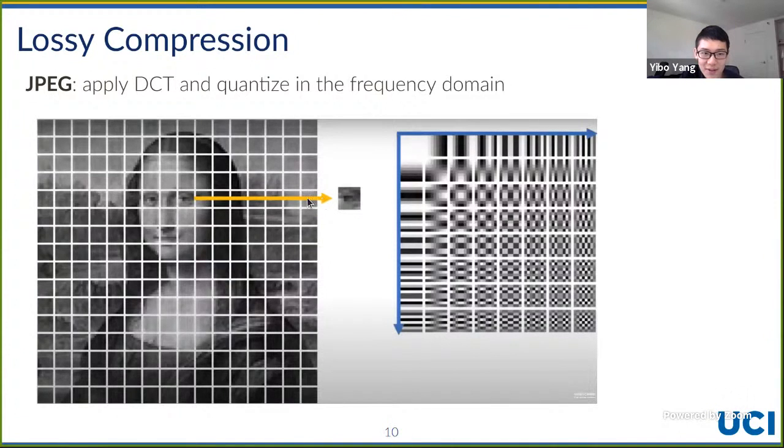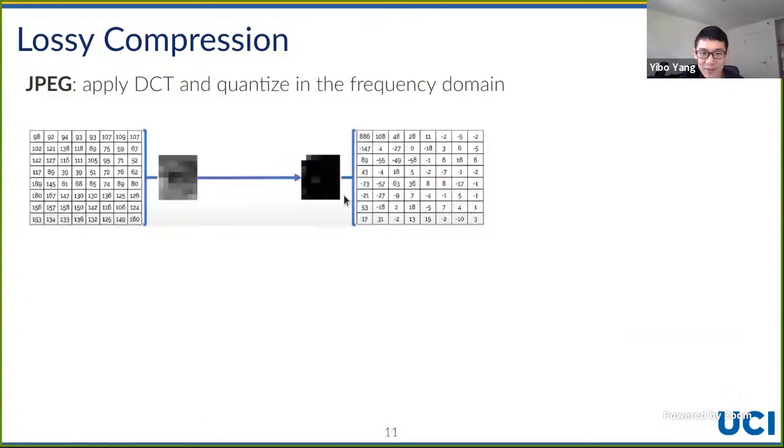So it compares every one such little block with a whole array of possible frequency patterns. Going from left to right and top to bottom, we have these frequency patterns that have increasing frequency. By comparing these little blocks to this bank of frequency patterns, we can extract how much frequency there is in each little block.